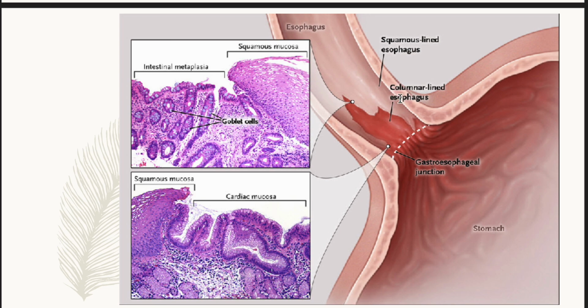So maging columnar lined esophagus na din sila. And again, that is bad because that will lead to cancer cells. So ang ubang patient kay paglala na nilang GERD, the surgeon itali niya ang pagutan para dili na mag-reflux tong acid diri.